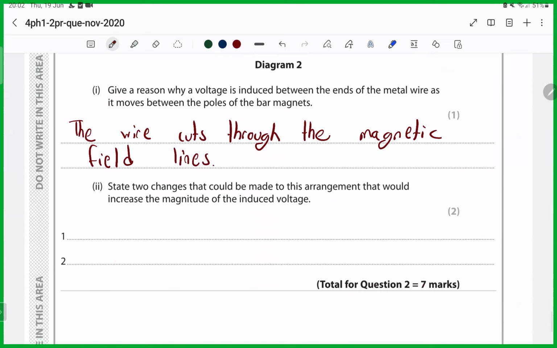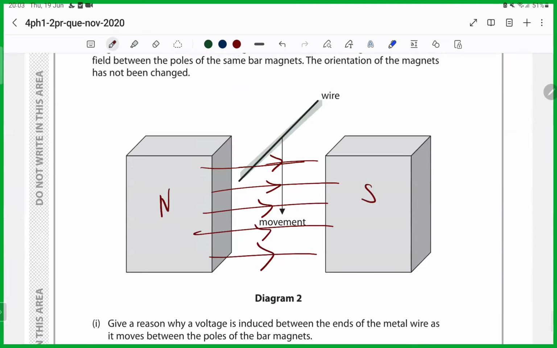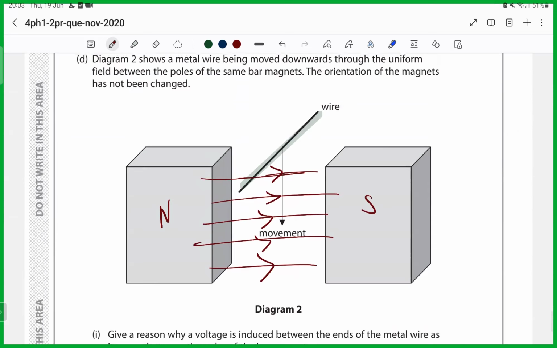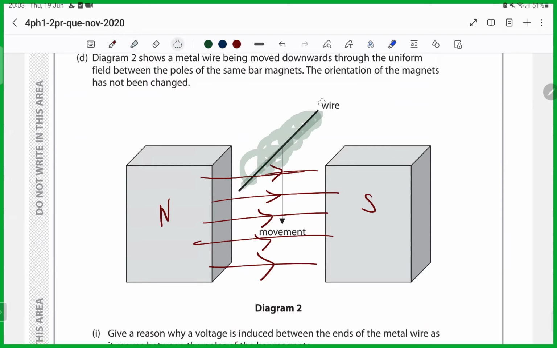State two changes that could have been made to this arrangement that would increase the magnitude of the induced voltage. So how can you increase the magnitude of the induced voltage? You can either move the wire faster, or you can make it a coil, like if you increase the number of wires, then there will be a lot of wires being cut as you move through.